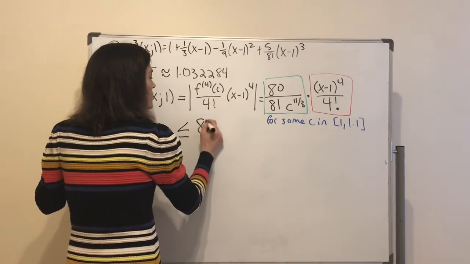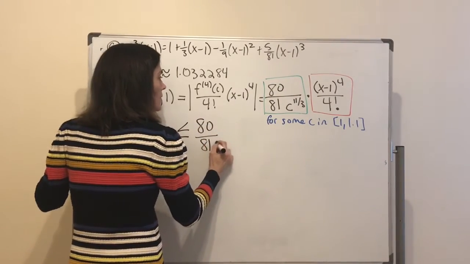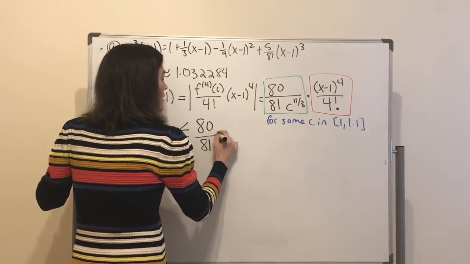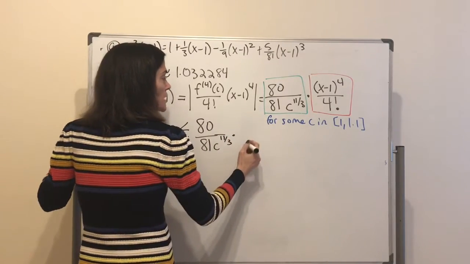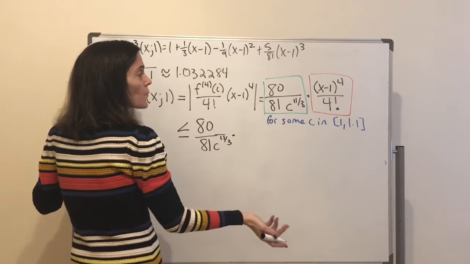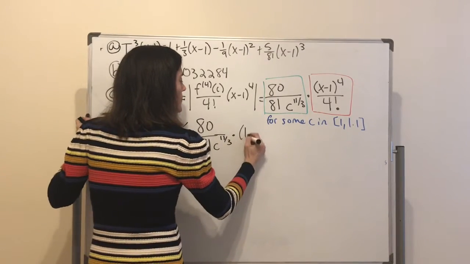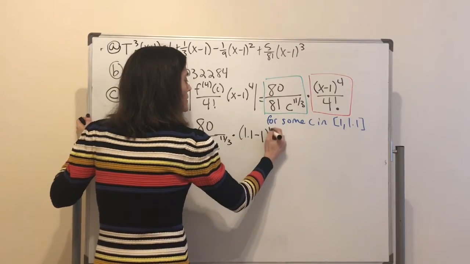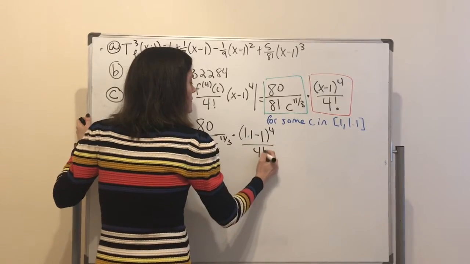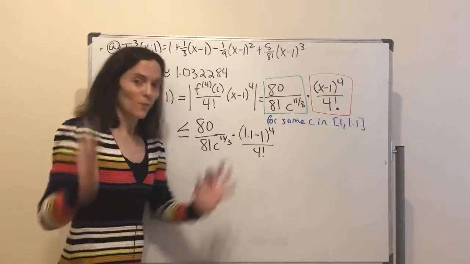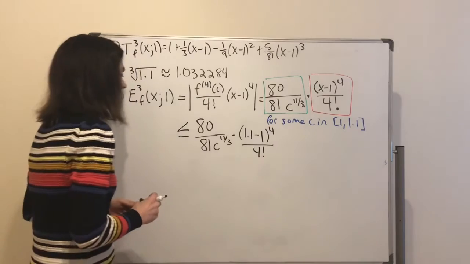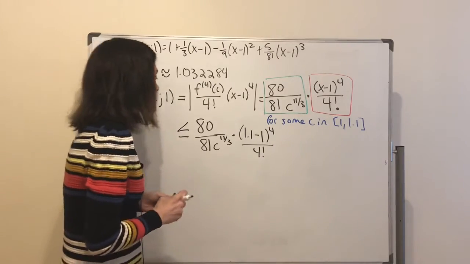So I will first keep this the same, and then I will just evaluate this at 1.1, which is 1.1 minus 1 to the fourth over 4 factorial. This will be 0.1 to the fourth, right? Okay, in any case, I'll do that in my next step.